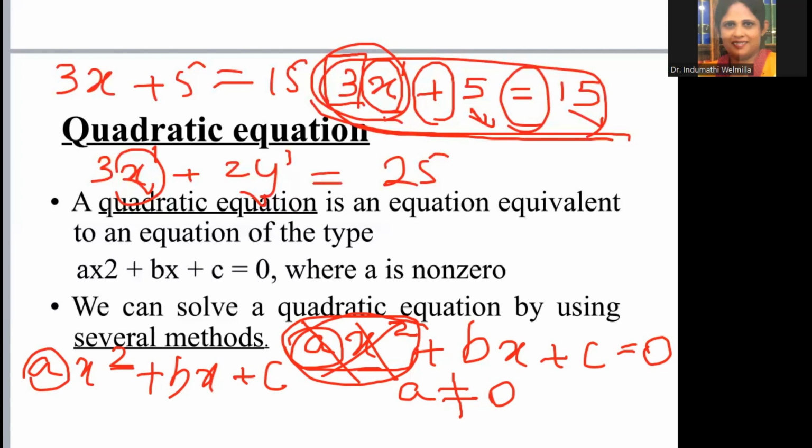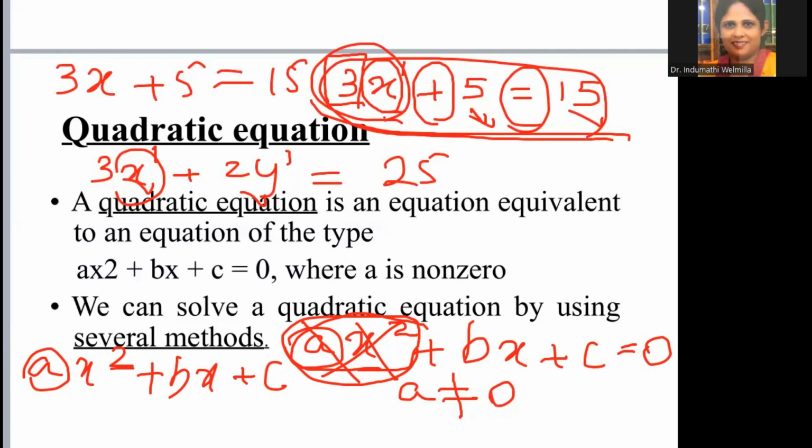In addition to that, another type of equation is the cubic equation. Equations with degree 3 are known as cubic equations. Here 3 is the highest exponent of at least one of the terms.